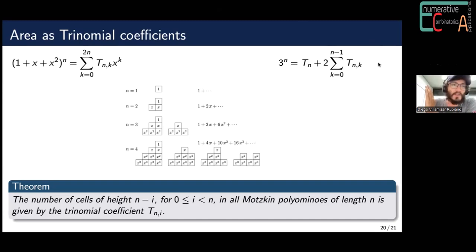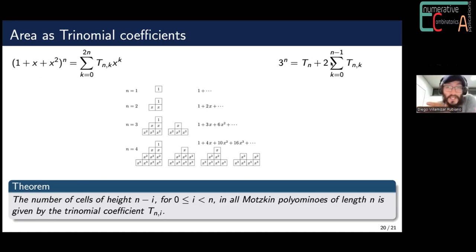And what happens is that when you plug x equals 1 into this expansion, you get, of course, 3 to the power of n on the left-hand side. On the right-hand side, you get the central coefficient, the Tn that appeared before, and then you get twice the sum of the coefficients to the left of the central one. So you can choose either the ones to the left, or the ones to the right.